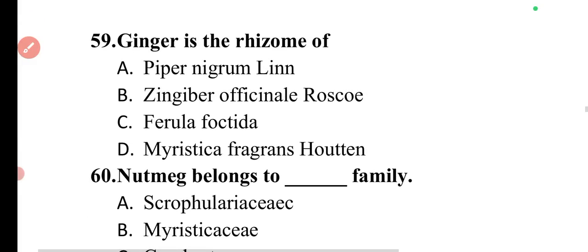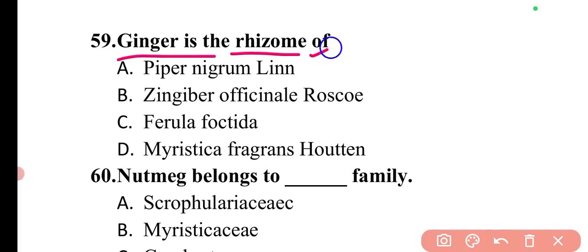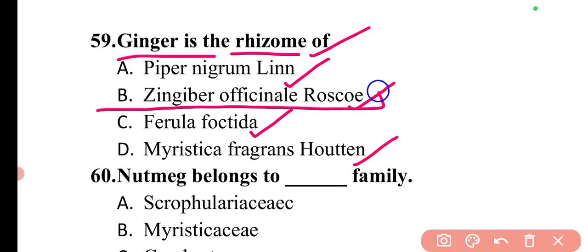Next question is ginger is the rhizome of. Options are Piper nigrum Linn, Zingiber officinale Roscoe, Ferula foetida, Myristica fragrans Houtt. And the correct answer is option number B, Zingiber officinale Roscoe.